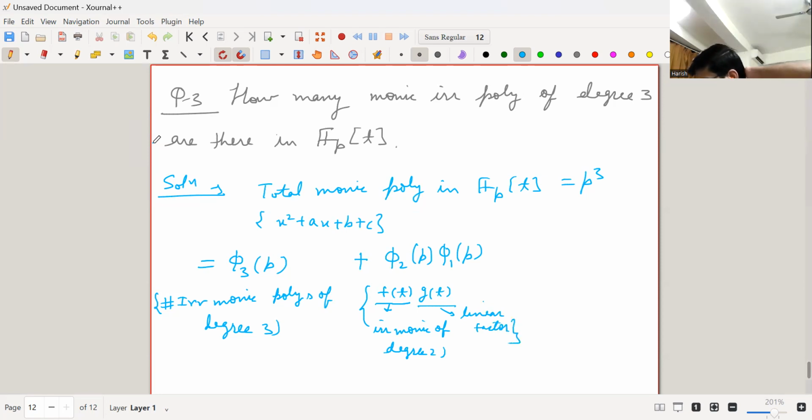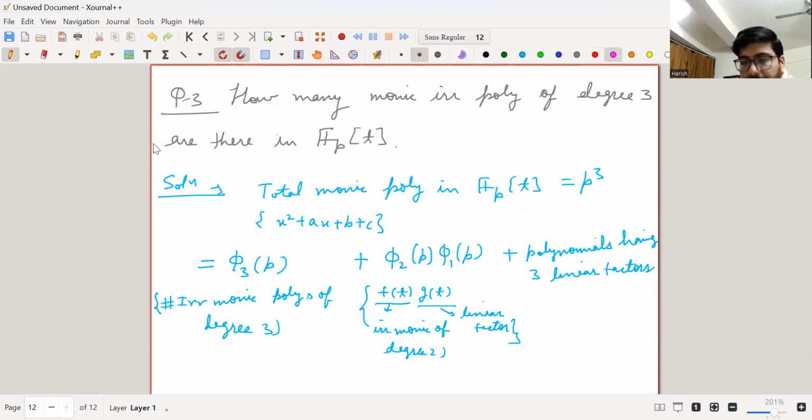Now the second thing you can have is polynomials having three linear factors. So these are the only possibilities: irreducible polynomials of degree 3, irreducible polynomials of degree 2 times polynomials of degree 1, and polynomials having three linear factors, right?